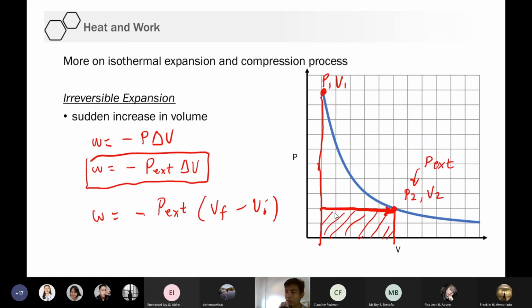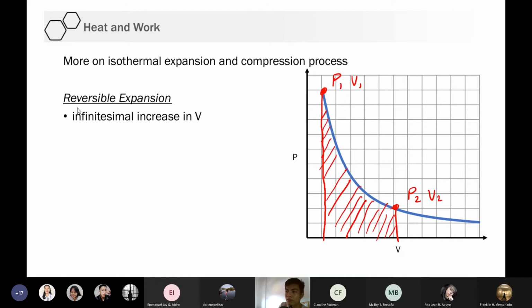So yung area is itong portion lang sa ilalim. Pero kapag sinabing reversible, ibig sabihin dahan-dahan yung increase. So ibig sabihin niya, madadaanan niya to lahat. So you are actually getting the area under the curve. So the equation to be used is dW equals negative P dV.